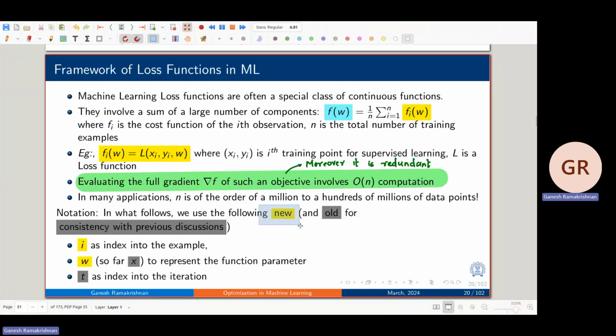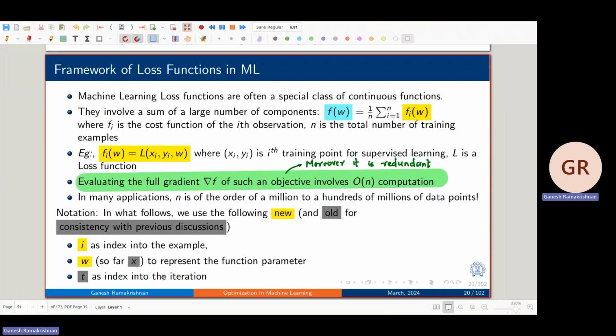I'll just use this yellow as a new point and gray as old. So i is an index into the example. w is to represent the function parameter. So instead of x, now we'll use w. We are getting more machine learning specific here.